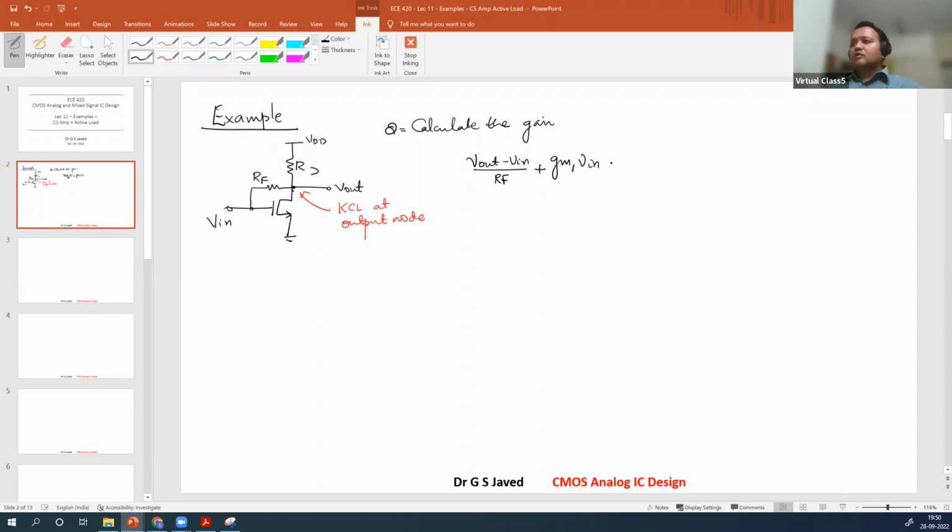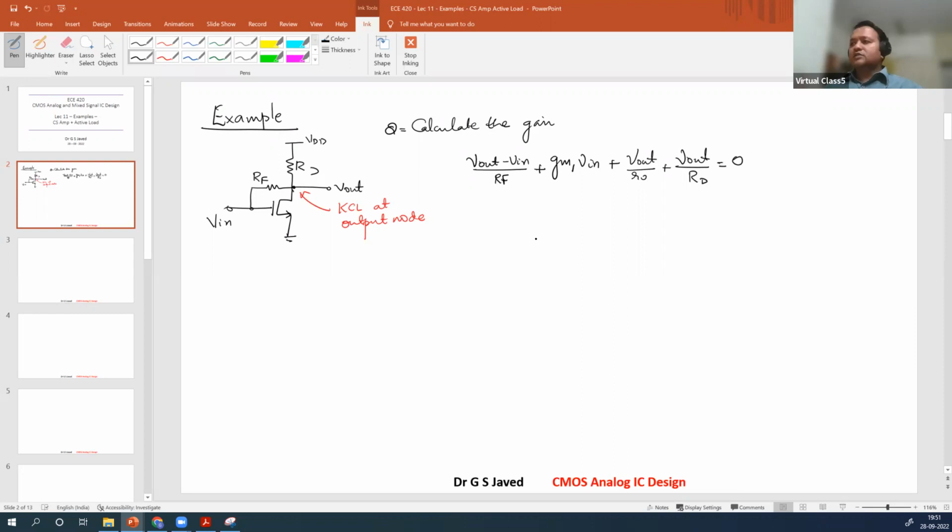Then after gmVGS, you get an Rout. So at the output of Rout, you get Vout divided by Rout. Then at the output, there is the drain connected. Vout by RD. Correct? Now this total current is equal to 0.